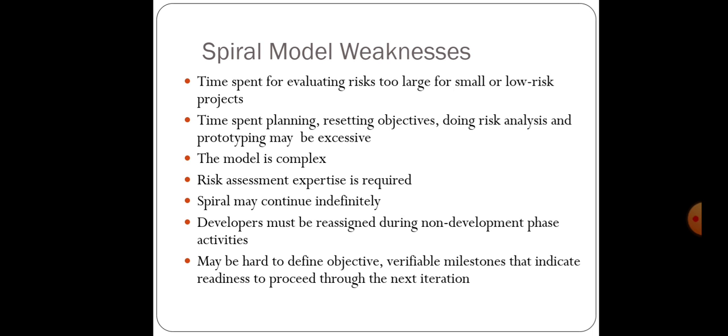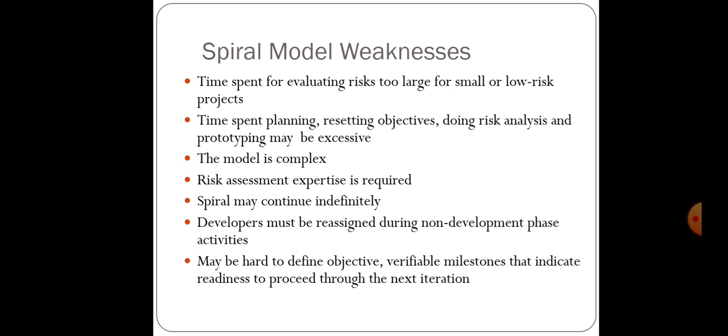Time spent in planning, resetting the objective, doing risk analysis may sometimes be excessive. The model is also very complex and risk assessment expertise is required. If the people involved in risk assessment do not have expertise in this, then it might generate a problem afterwards.